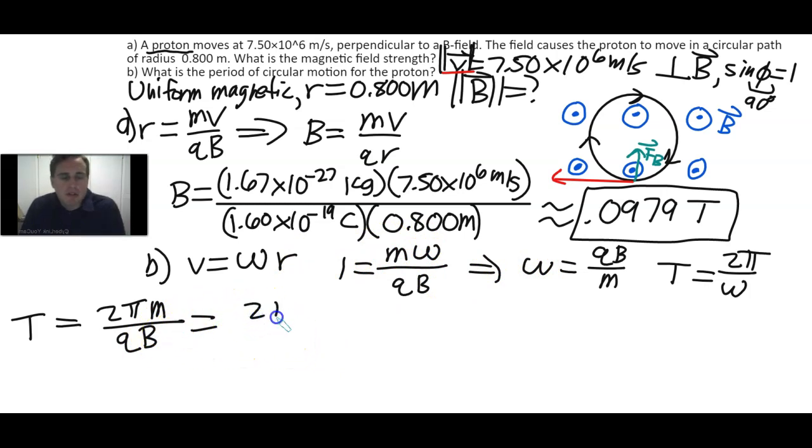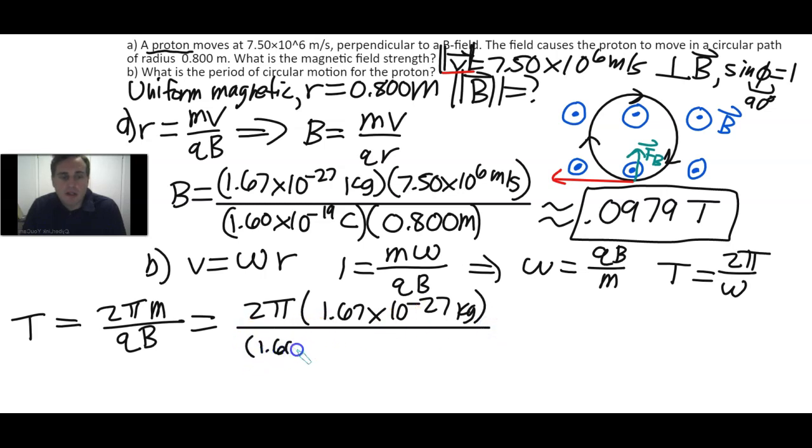So let's put the numbers in. We need 2 pi times the mass, 1.67 times 10 to the minus 27th kilograms, all divided by the charge times the magnetic field strength, that's 1.60 times 10 to the minus 19th coulombs times the magnetic field strength of 0.0979 Teslas. Let's get this value for the period.